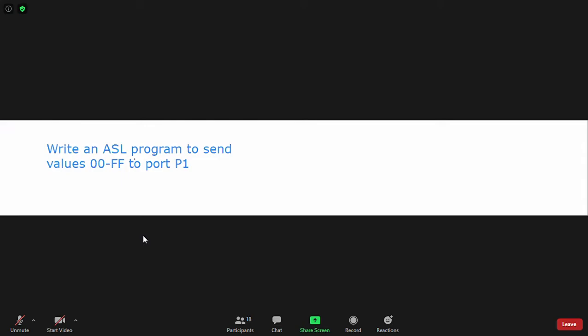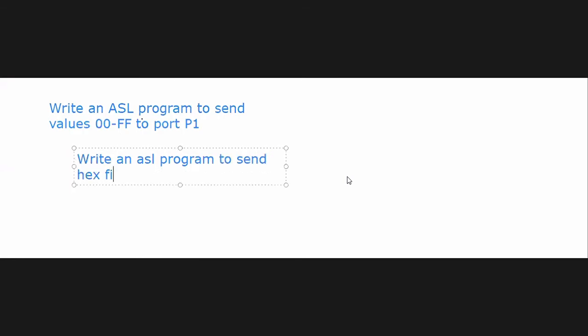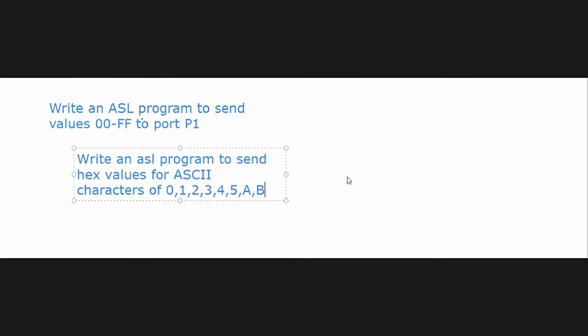And similarly, this one. Write an assembly language program to send hex values or ASCII characters of 0, 1, 2, 3, 4, 5, A, B, C, D to port 1.